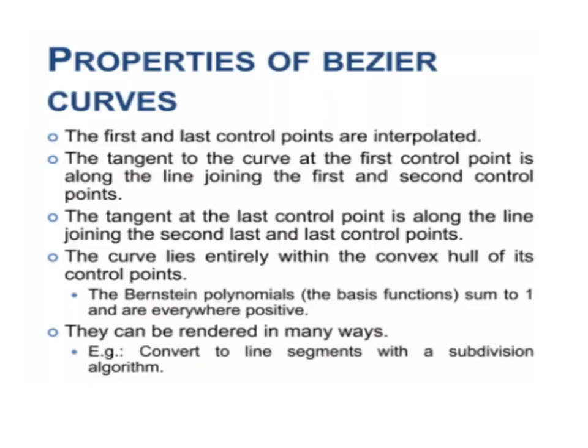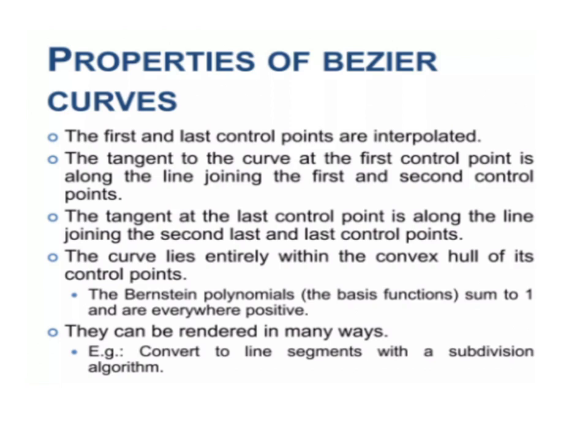Properties of the Bezier curve. The first and last control points are interpolated. This means the first point and last point are connected to each other. Without connection of the first and last point, the Bezier curve doesn't form. The tangent of the curve at the first control point is along the line joining the first and second control points.